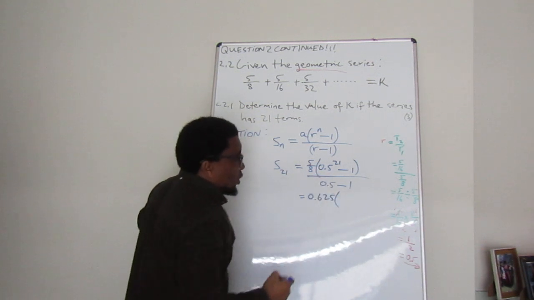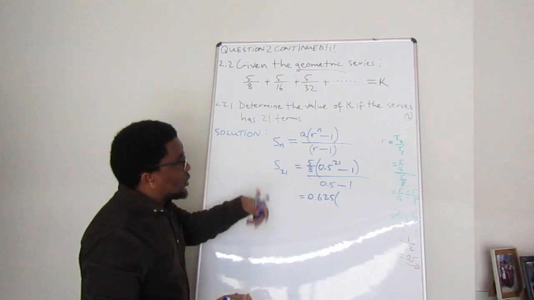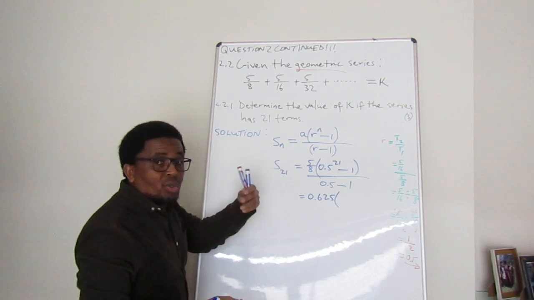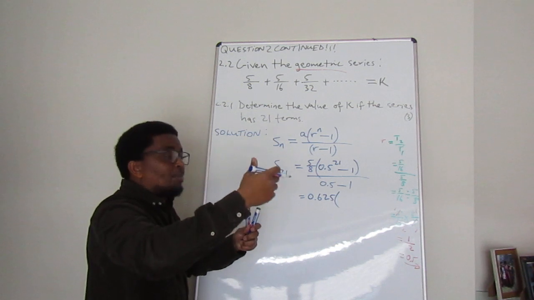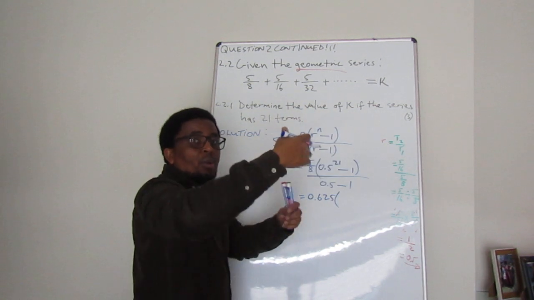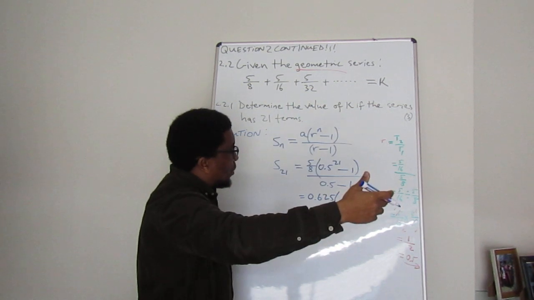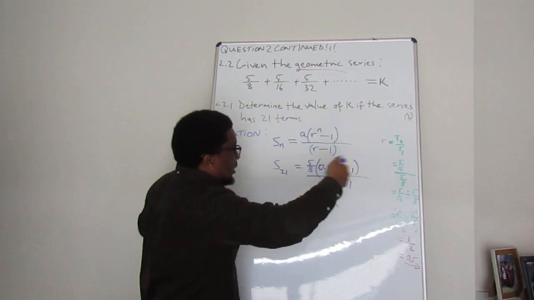Then 0.5 times 0.5 gives me 0.25, 0.25 times 0.5 gives you 0.125, and so on.